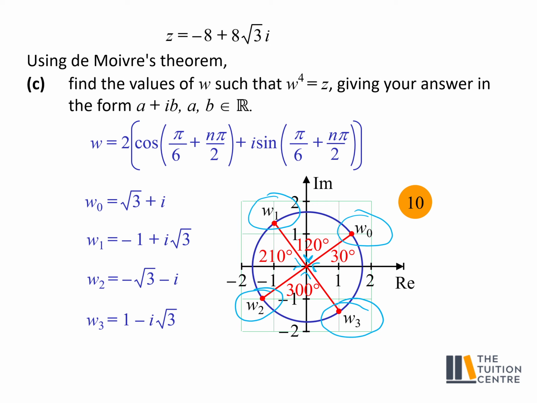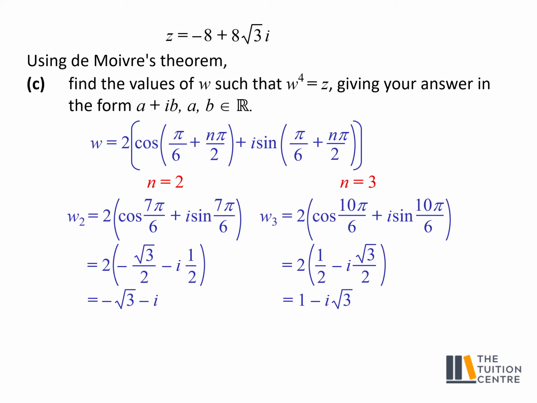The distance from the origin would be the same in each case. So they form that circle. If you put in, by the way, 4 for n, you get back to root 3 plus i, you get back to where you were at the very start. Okay, let me just do that in radian mode very quickly for you.